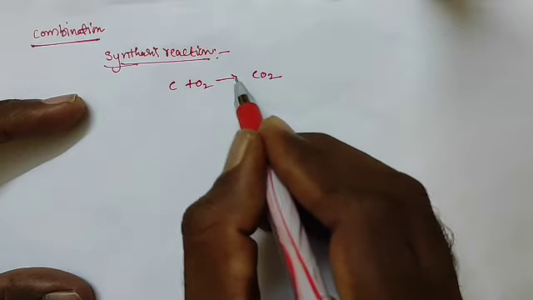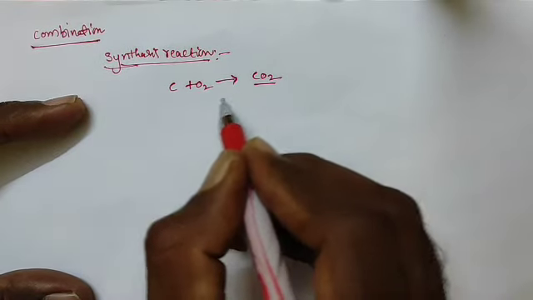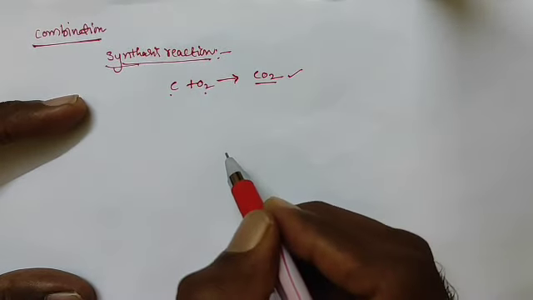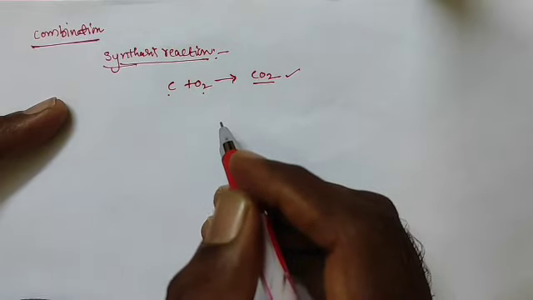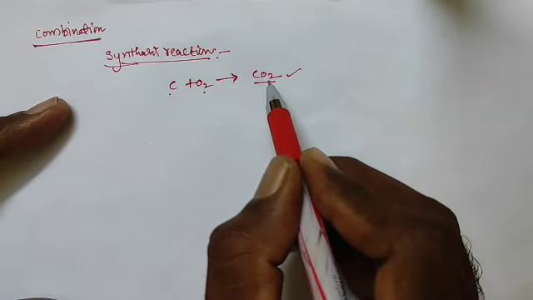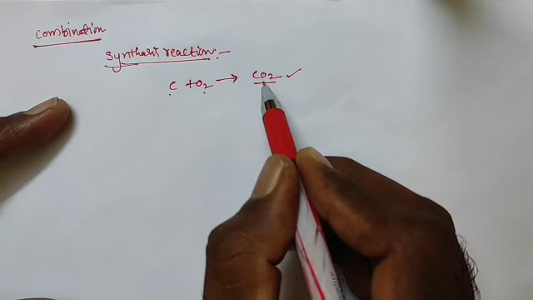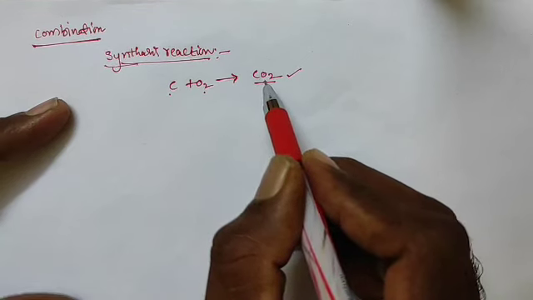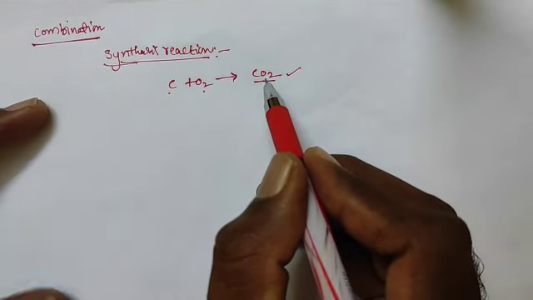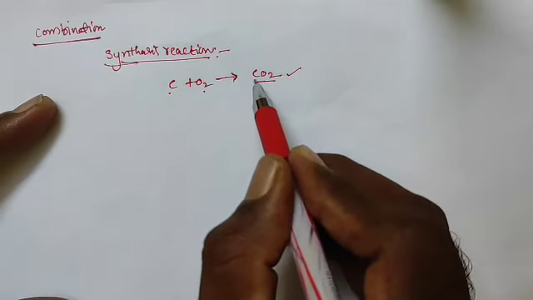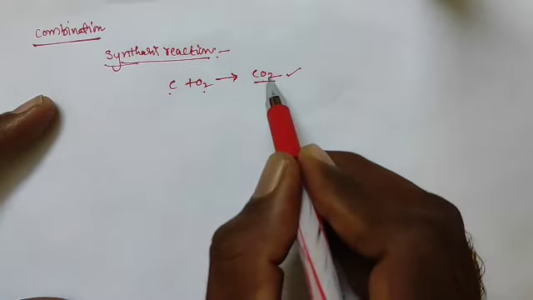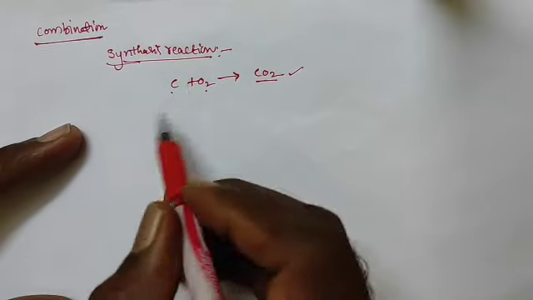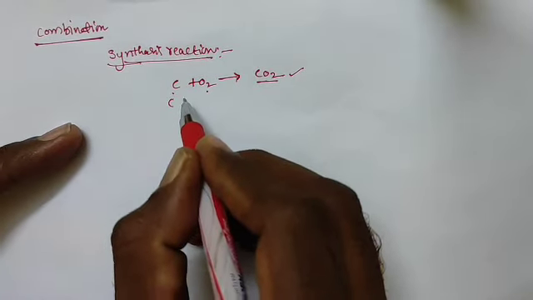What are the constituent elements of carbon dioxide? Carbon and oxygen only. So this comes under a synthesis reaction. The product is formed from the constituent elements of the compound: one is carbon, the other is oxygen.